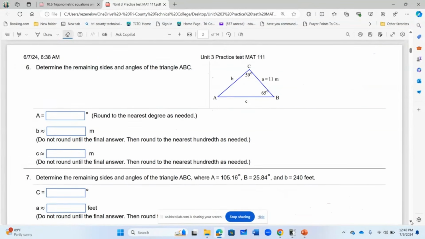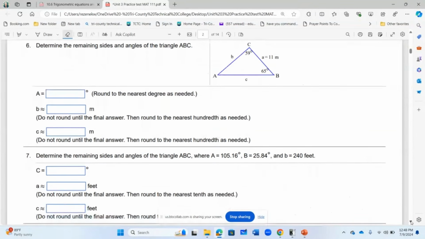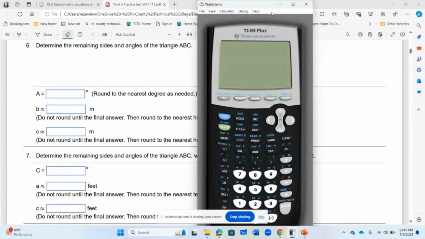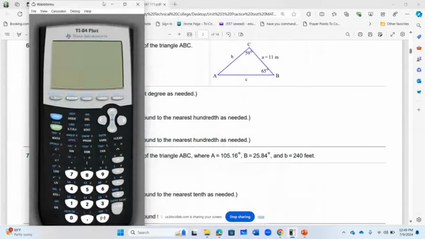Okay, so in number 6, we are given an acute triangle. We're given 2 angles, and we can find the missing angle. This time, they did not ask us to leave our answer in the exact form. That means we can use our calculator to simplify. So I can just quickly get my calculator and find that missing angle.